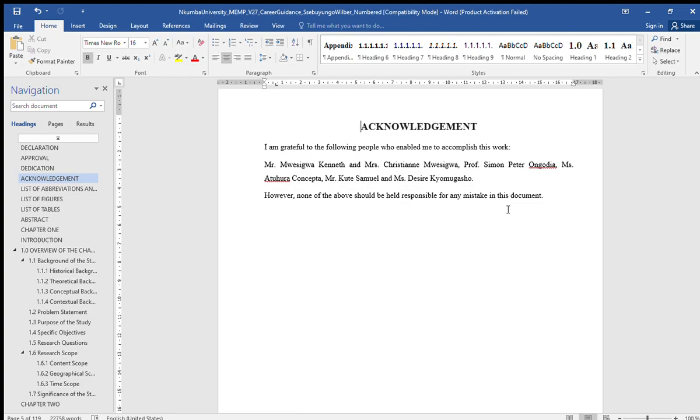So in acknowledgement, you acknowledge that your efforts have been complemented. Other people have supported you in doing this research.